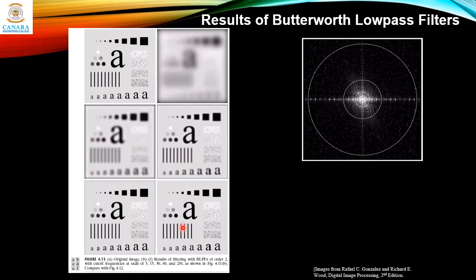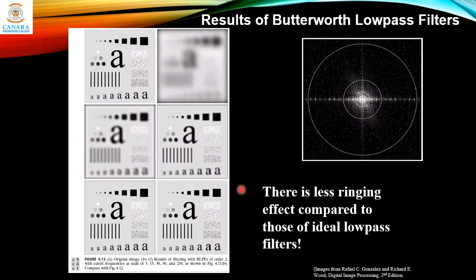Now the major difference between the Butterworth low pass filter and the ideal low pass filter is that there is less ringing effect compared to the ideal low pass filters. There is less, but still it is there for higher order. If you increase the order to 10 or 15, you will see some ringing effect, but at lower orders you won't see any ringing effect.